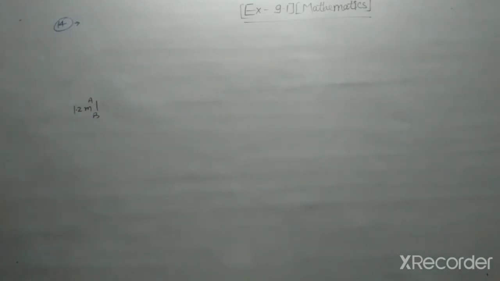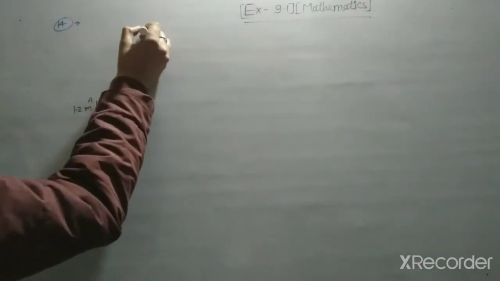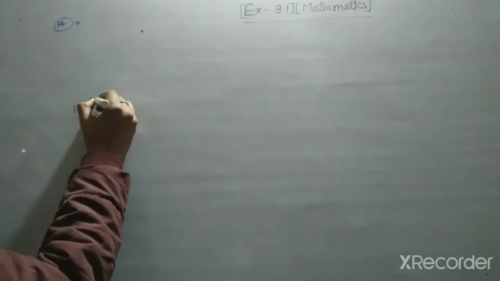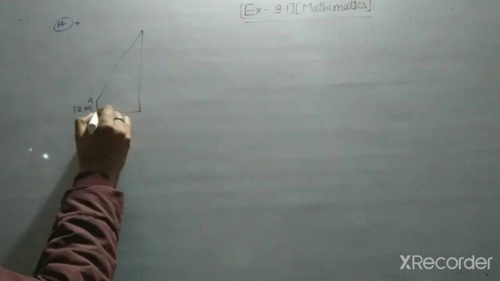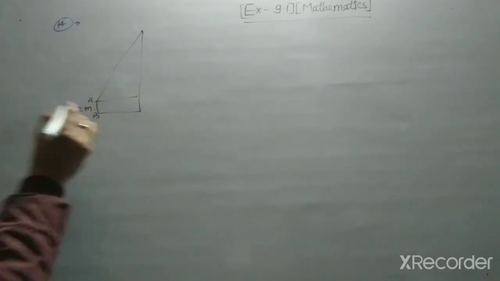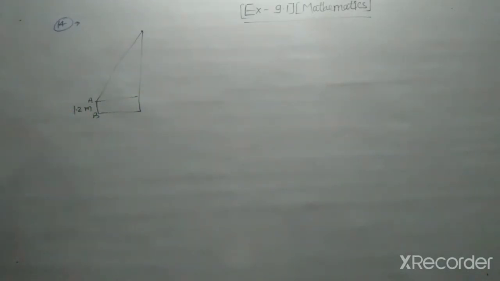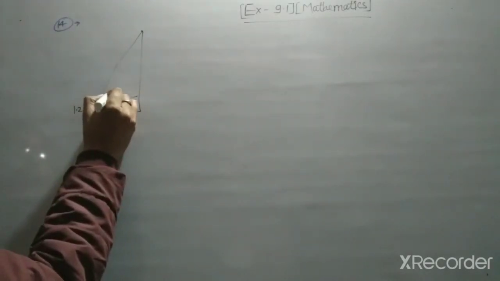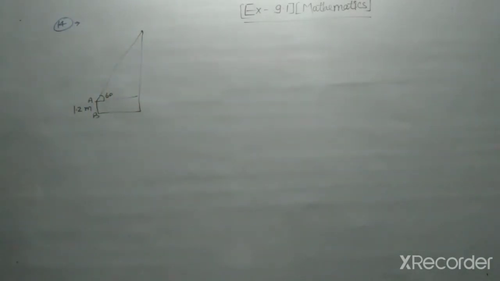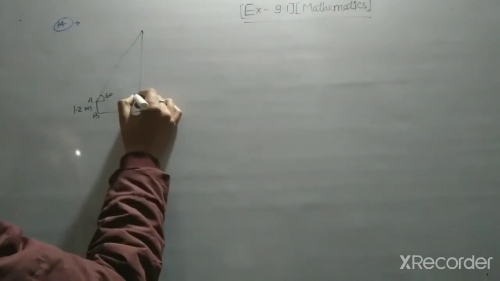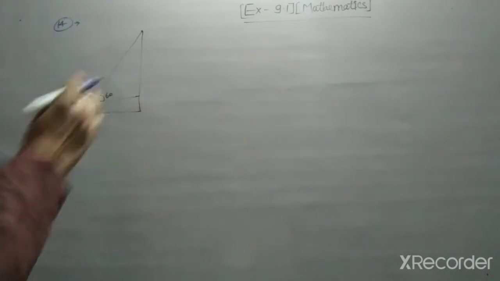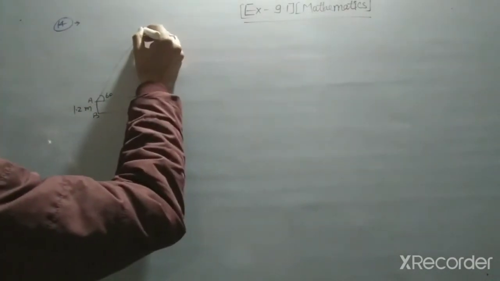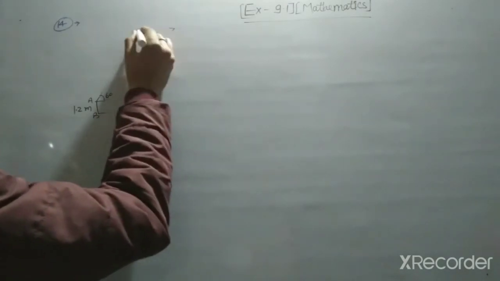Okay, and then there is a balloon. This girl will see the balloon, and it will make an angle. She will make an angle of 60 with the top of the balloon, and then after some time she will again see the balloon, and the balloon is going from here to there.